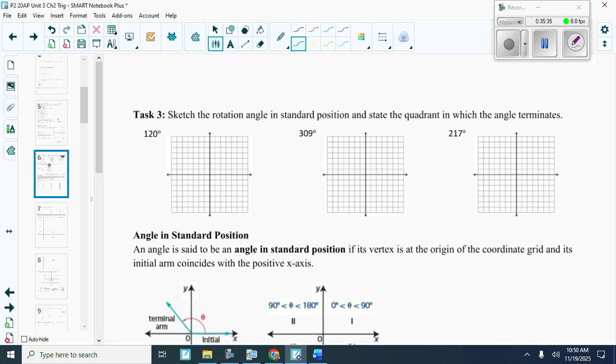So for example, 120. I'm going to back up the lesson just a second. I want you to label the quadrants, put all your degrees on, then draw your angle, because those are the details that we're looking for. One, to increase our muscle memory, to make those connections, that body-mind connection. And that's what good diagrams look like. They're well labeled.